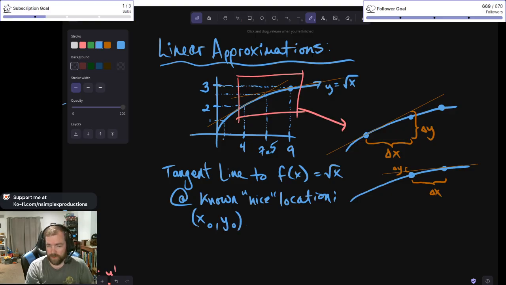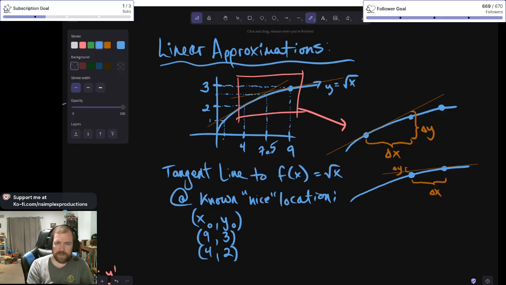The first one that we can do is 9 by 3. The second one was 4 by 2. We could do any other pair that we want as well, but which one you pick is just going to make this more or less accurate. It doesn't have to be something you optimize.